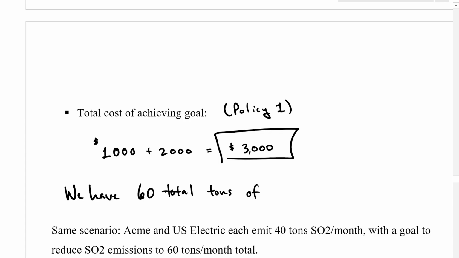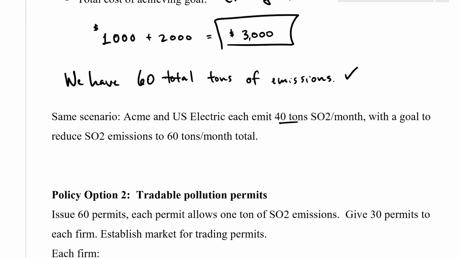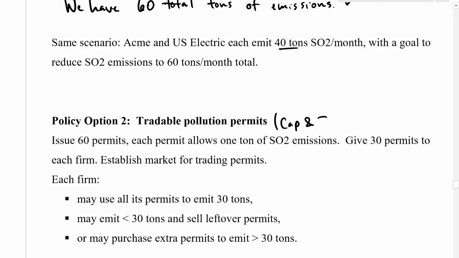Now, again, they're both starting out by polluting 40 tons each. And now we're going to look at a tradable pollution permits policy, cap and trade. So cap and trade means that we're going to cap pollution at 60 tons and then allow tradable permits.